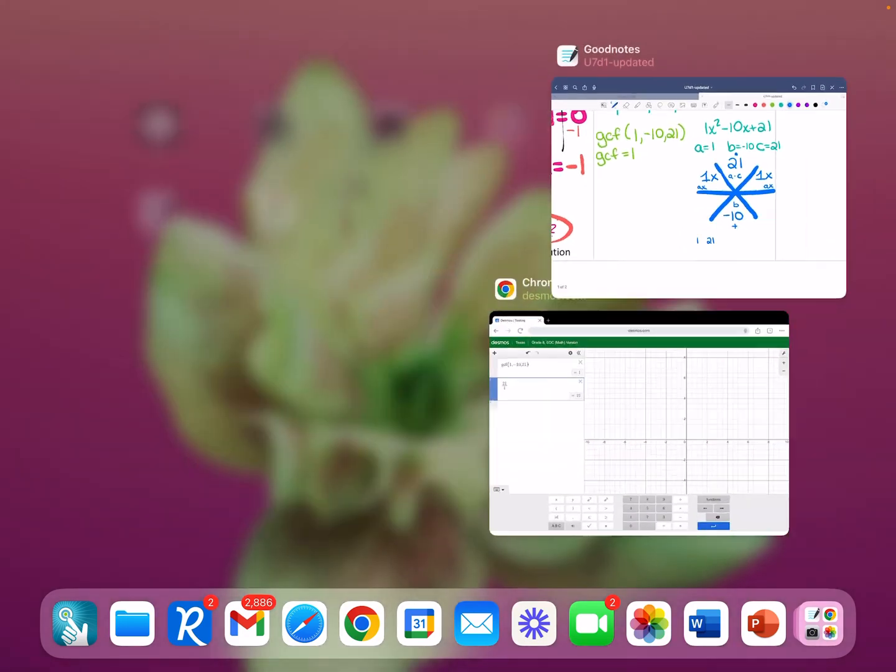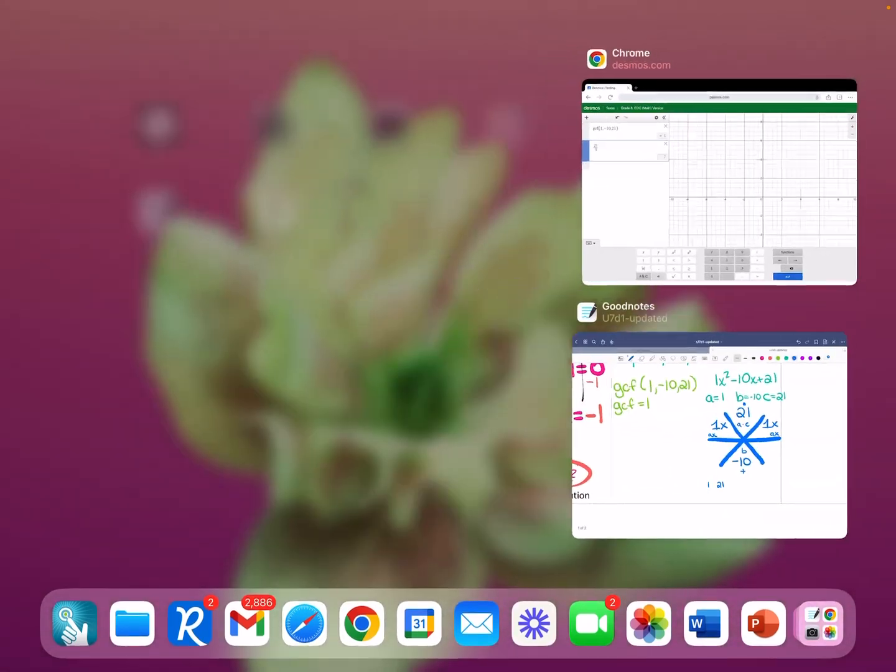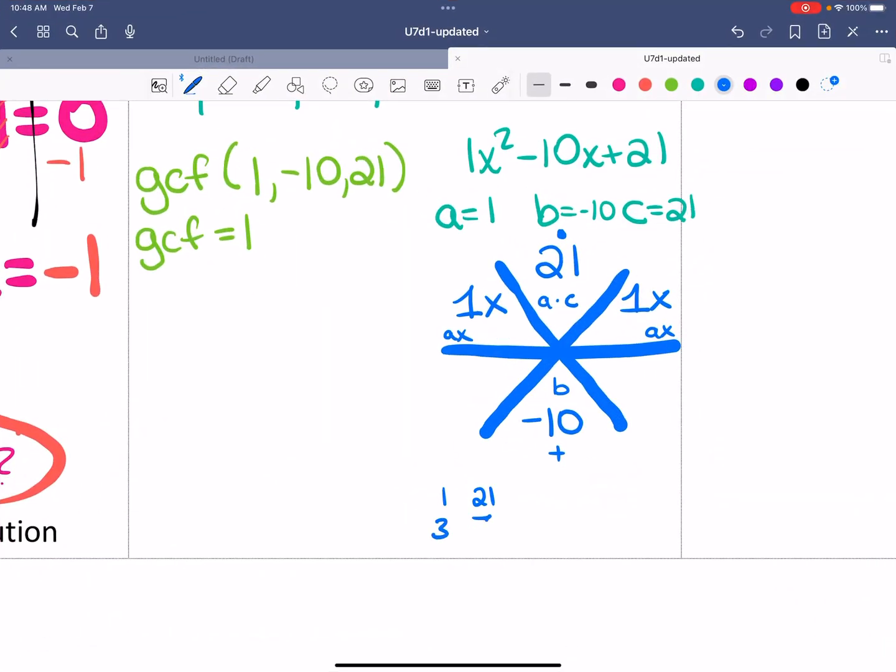Okay, then I'm going to go back and I'm going to test. Does 1 plus 21 equal -10? Definitely not. Okay, so then I'm going to go back here, put 2, that's a decimal, 3 and 7. So I'm going to write that down, 3 and 7.